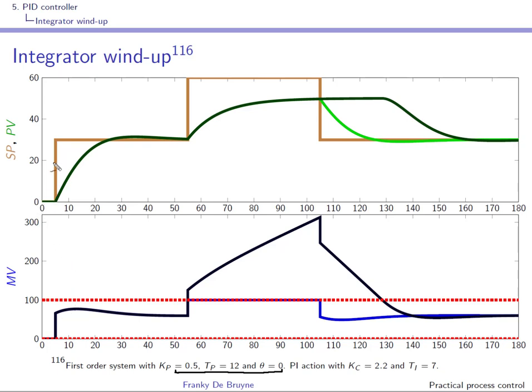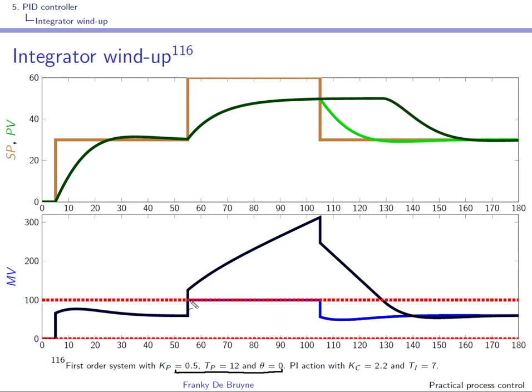So let us have a look and compare the two responses. First we do a set point change that is such that you do not run into the limitations, right? So obviously the response of the two PI controllers is identical. Here at this time we do a set point change that is such that you run into the limitations, right? Here is the response of the correctly implemented controller.